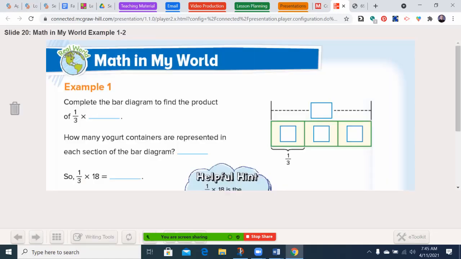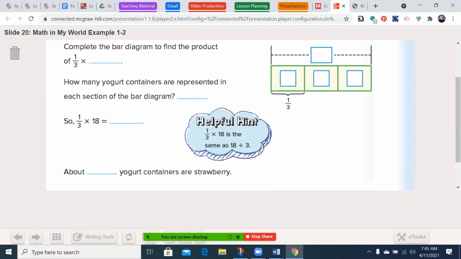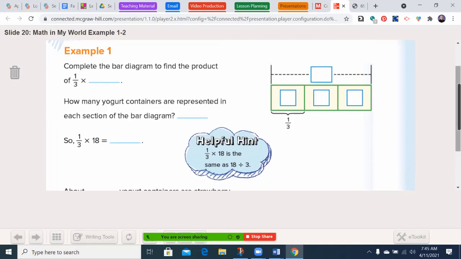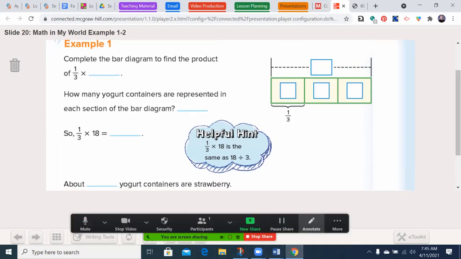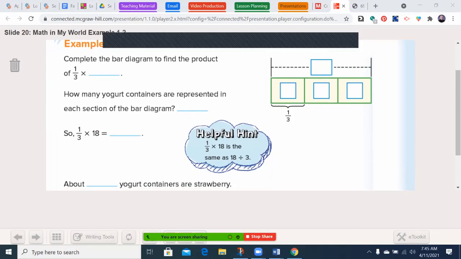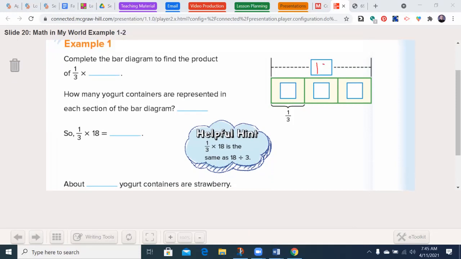You'll see the answer is already there. Now we do the work. This is continuing with the same problem, but now I'm going to have 18 up here. And 18 divided by 3 is 6, so each box will be 6.